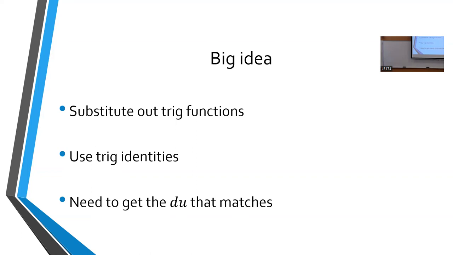We're going to substitute out our trig functions, but then we're also going to throw in what we know about trig identities. So it's essentially substitution where u is a trig function. And then we can also utilize our trig identities. So anytime we're using substitution, we need to make sure we get the du, dx exchange right.